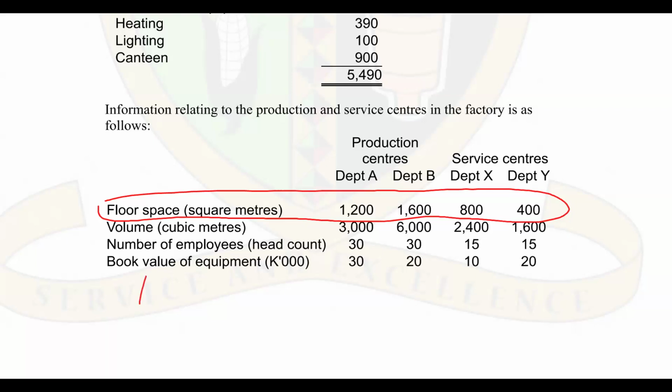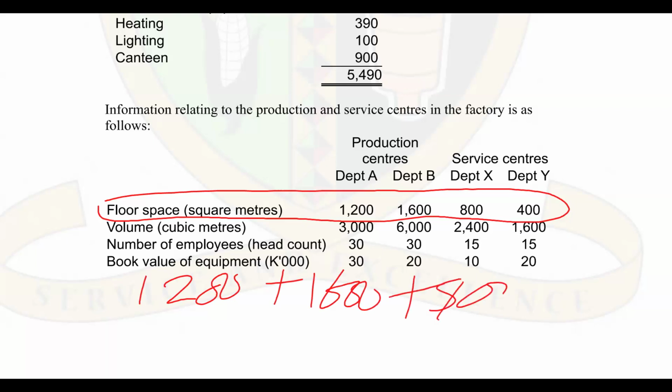First of all, you have to find the denominator by adding this: 1,200 plus 1,600 plus 800 plus 400. What is the total? I just want to give you an example so that you are fine.